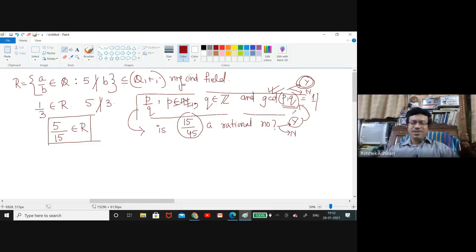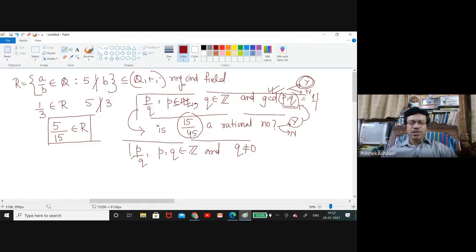What you told is perfectly okay. So the definition of a rational number should be like this: it's of the form P by Q, where P, Q belong to Z and Q not equal to 0. That is sufficient.